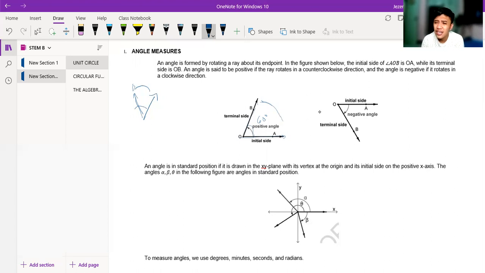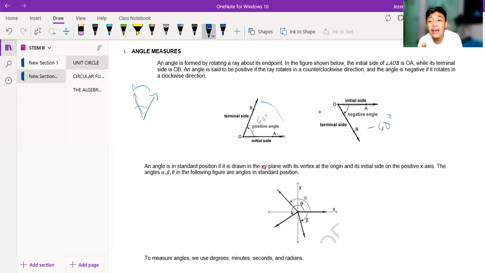Ay guys, paano naman kapag, di ba, ito uli yung initial side, ay count clockwise. Clockwise naman yung ating direction ng ikot. So magkakaroon tayo ng negative angle, let's say, negative 60 degrees. Okay? So tatandaan po natin yun.